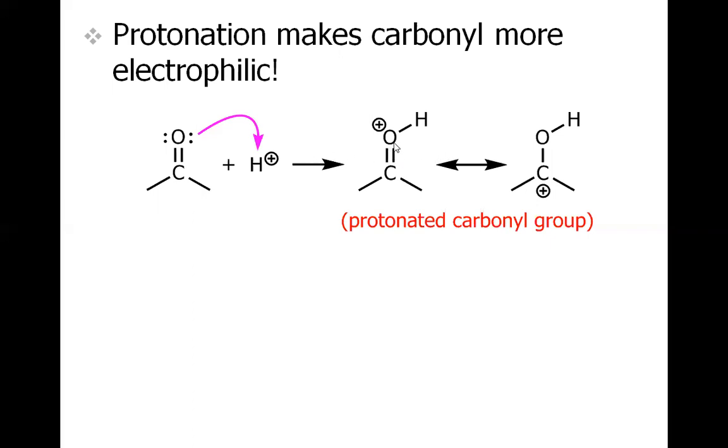The first resonating form is this, which is formed directly if the pi bond's oxygen is attached to this proton. But the second resonating form may also be formed if we pull the pi electrons to the oxygen to satisfy its valency, but in return we have the positive charge developed on carbon.